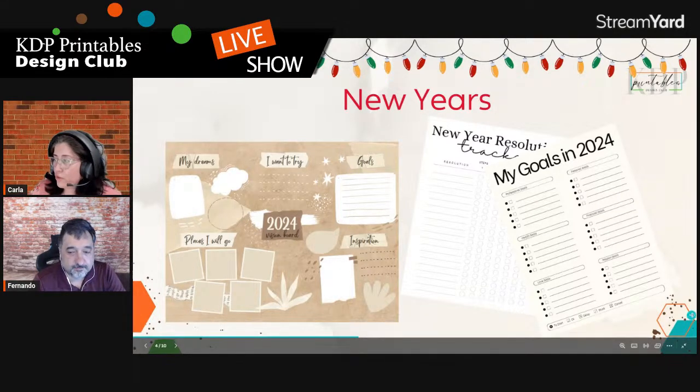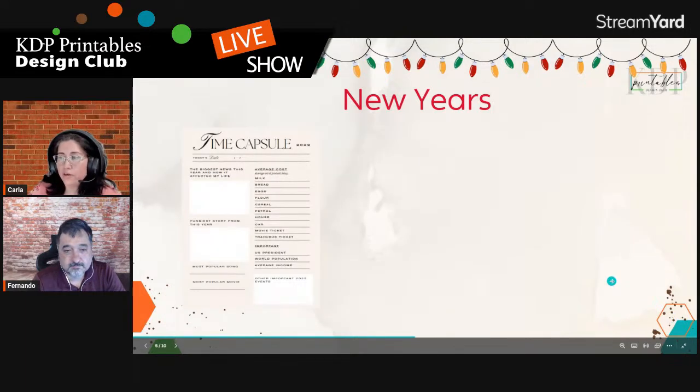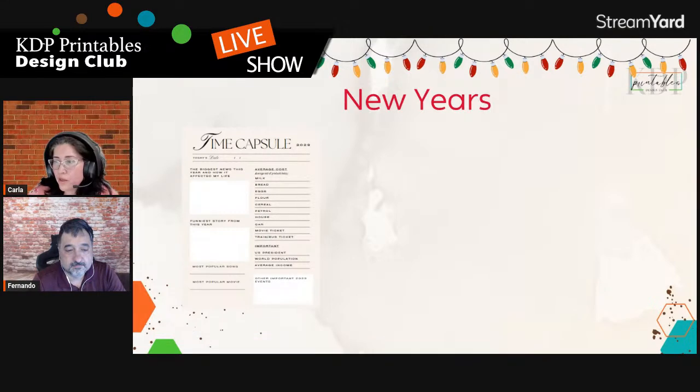And I have another one here, and this is a time capsule. I think you can send this before the year ends, because it's about what happened during the year.